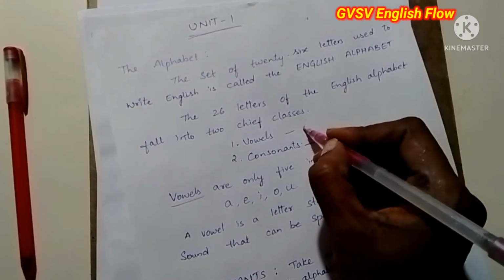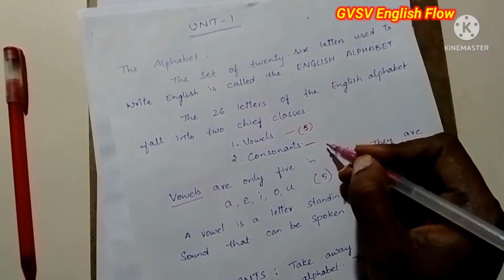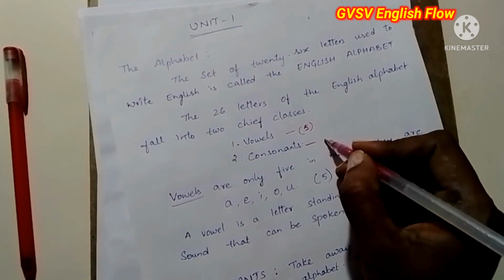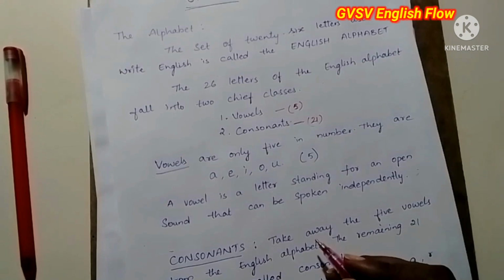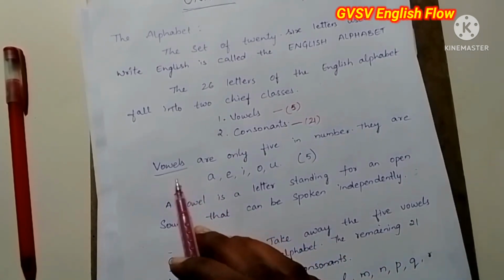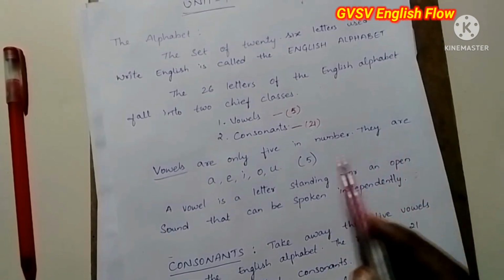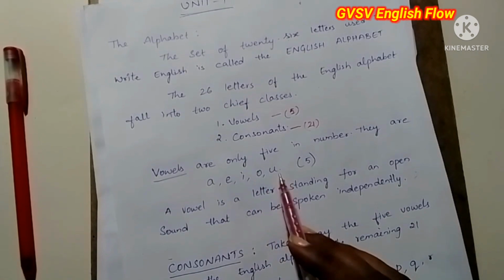How many vowels are there? 5 vowels. And how many consonants? 21 consonants we have. So vowels are only 5 in number. They are A, E, I, O, U.